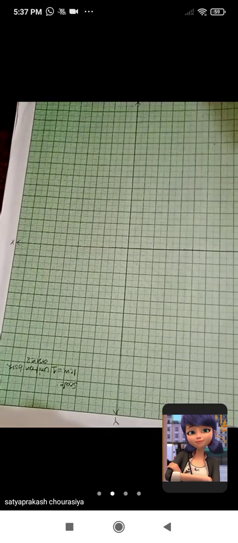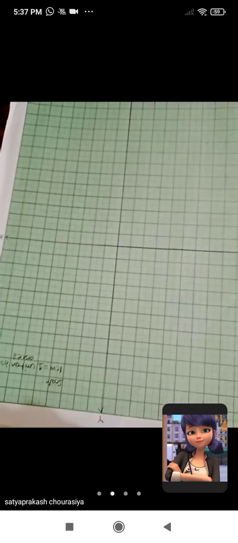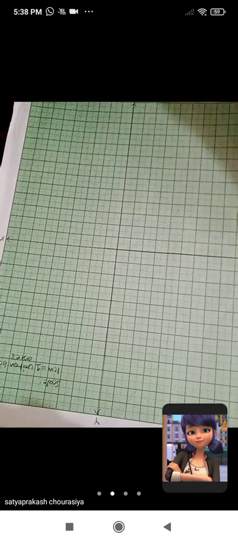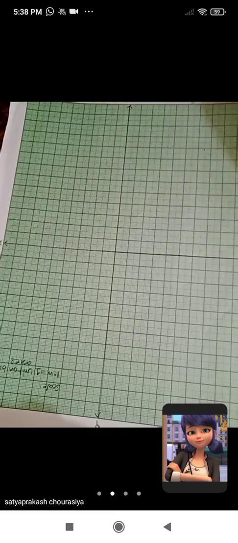Okay. Now let's plot the points. We have already drawn the axis. Okay, now see the first point, 1 comma 1.